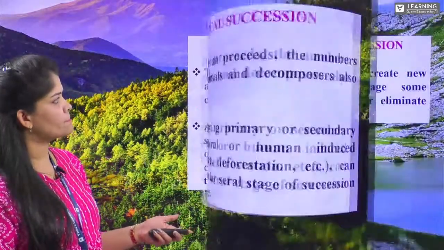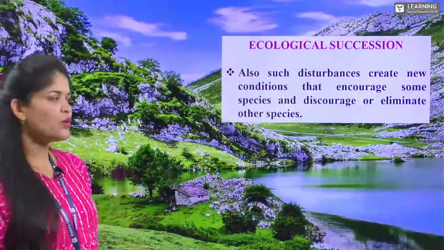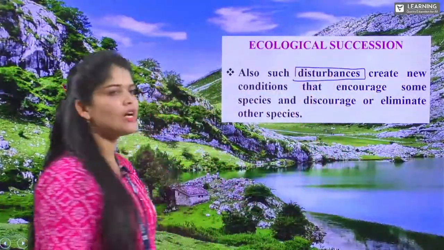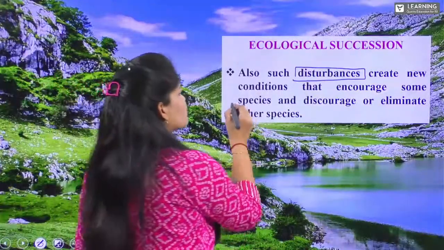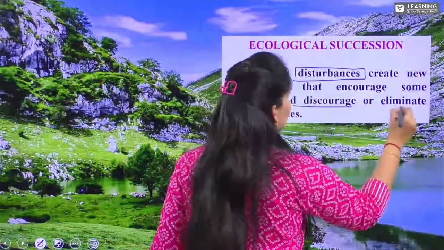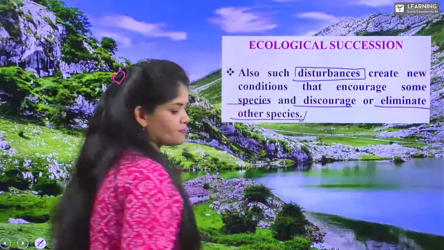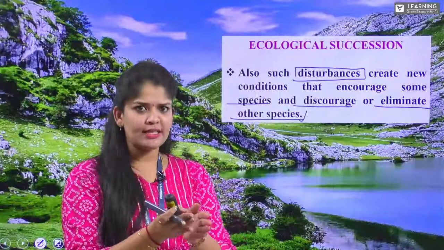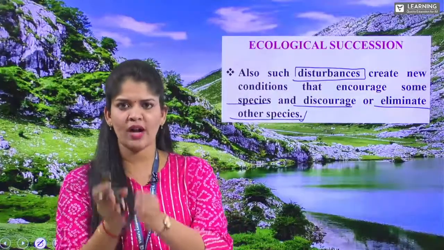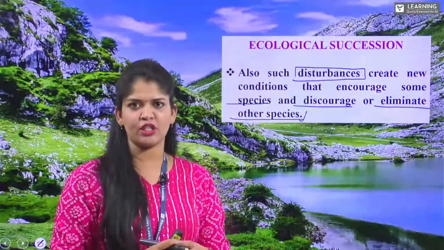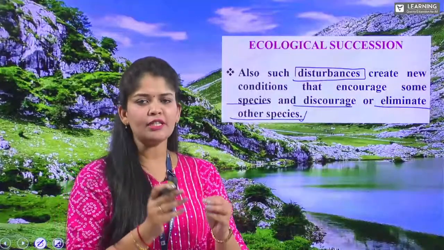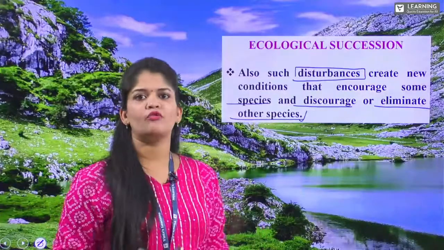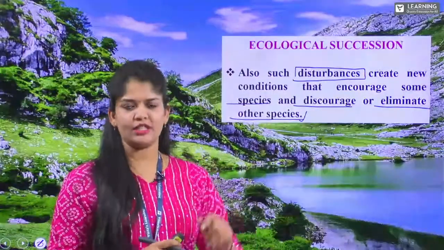Such disturbances create new conditions that encourage some species and discourage or eliminate other species. This disturbance happens during the stages where the succession is going to reach from one serial stage to another. Definitely it is going to convert back to the earlier stage, and from there it has to move forward again.